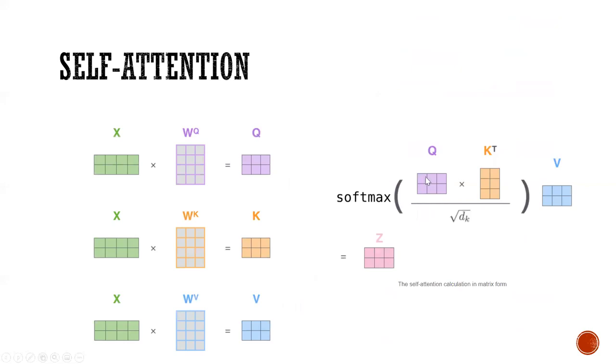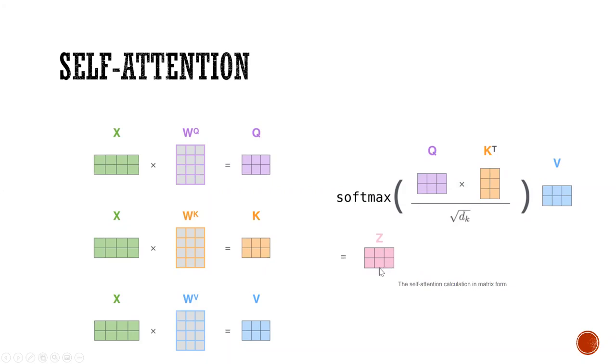This is step by step, and of course you can write this in matrix form. You compare queries and keys, then transform it into a distribution, with some normalization by the dimensionality, and then you apply it to the matrix of values.